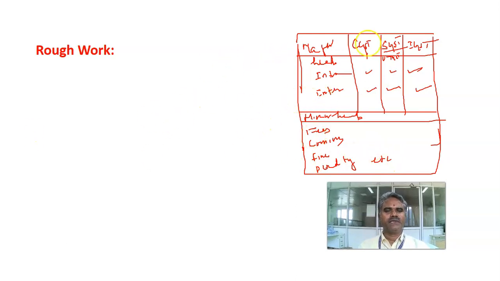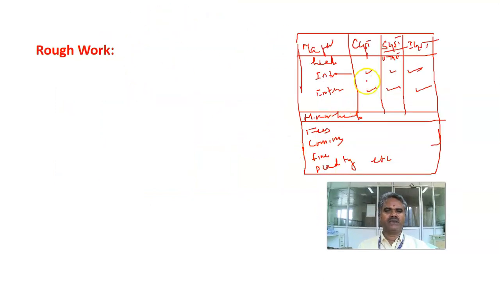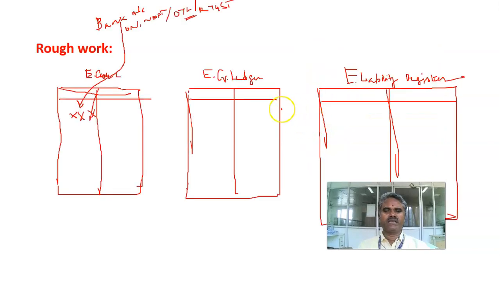So here, whenever you collect CGST, SGST and UTGST, this is a debit, because we have to pay CGST, SGST and UTGST. When you claim ITC, here it is your credit.